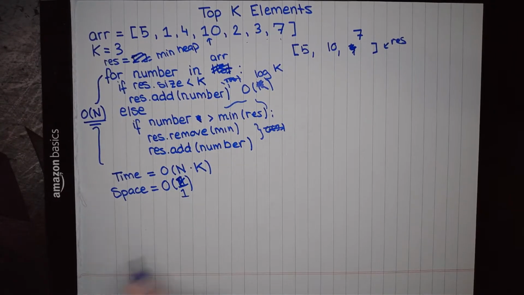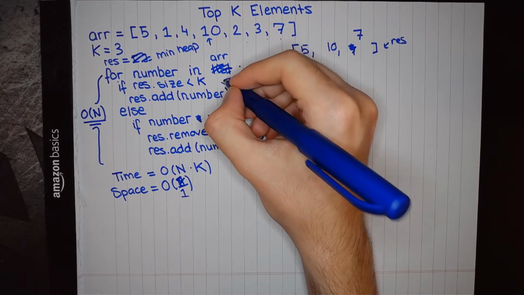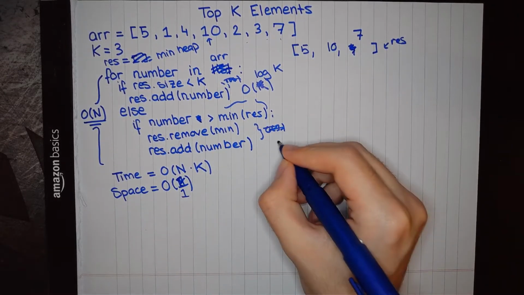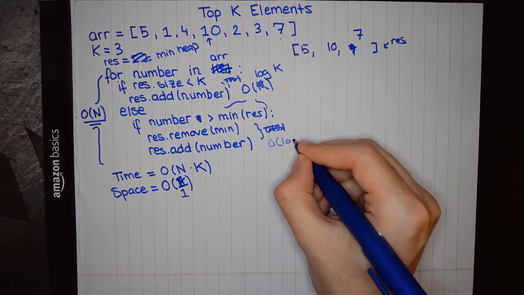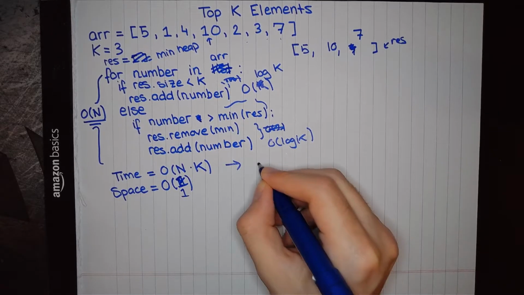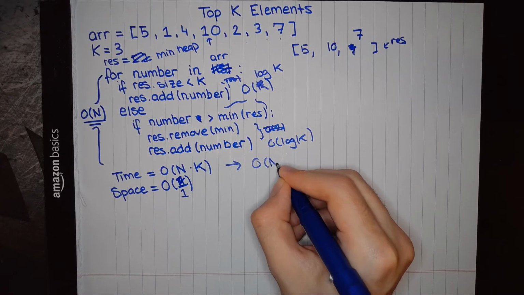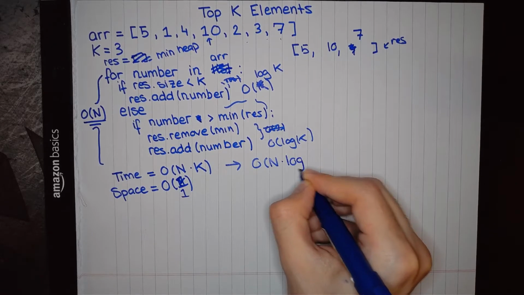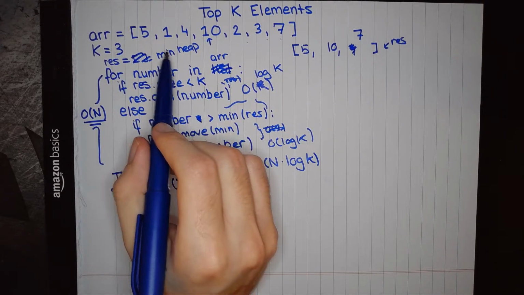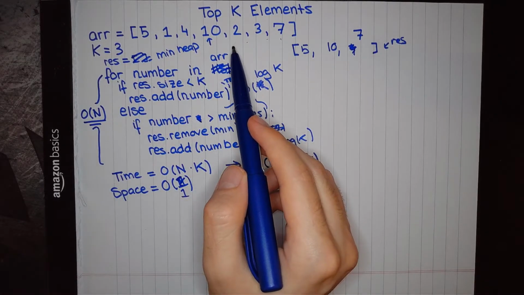And actually, everything we're doing here becomes O of log k. So we have a bunch of O of log k operations, and our time complexity goes down to O of n times log k. But in this case, the data structure we're using is a min heap.